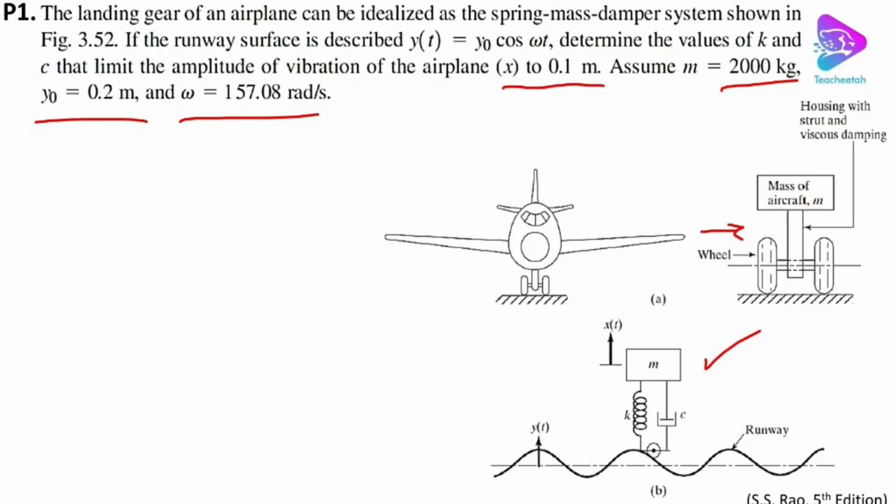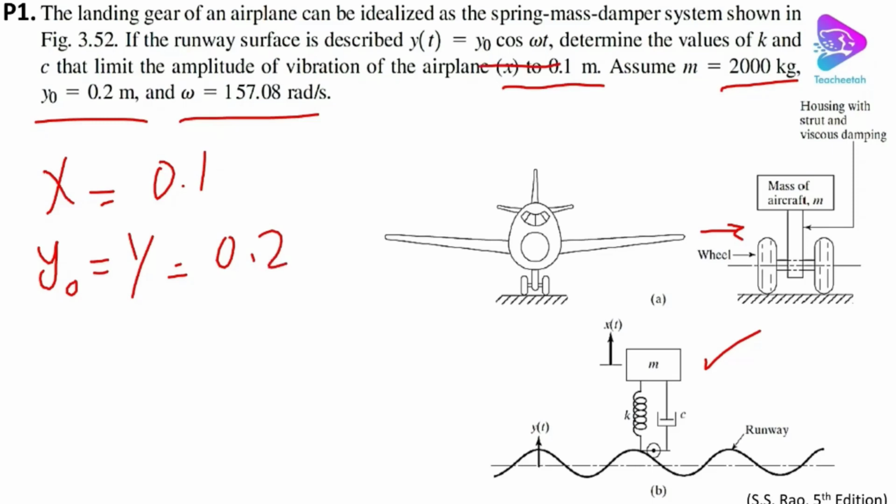So let's rewrite what we have here. X in here is 0.1, and y naught, which is our capital Y here, is 0.2. Don't worry about the sine and cos, because here we have a cos function, and in the previous one we showed sine, it doesn't matter.